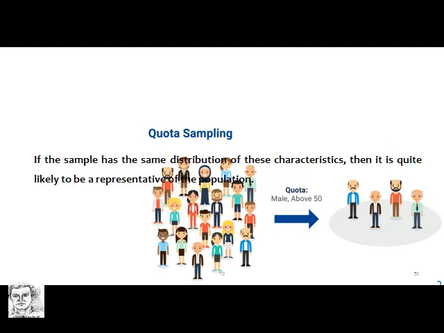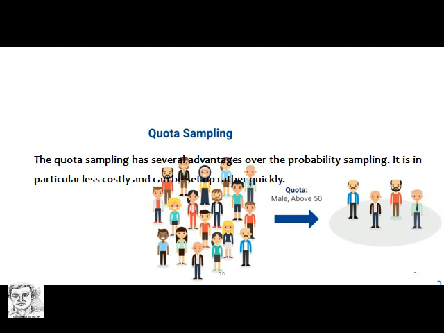If the sample has the same distribution of these characteristics, then it is quite likely to be representative of the population. Quota sampling has several advantages over probability sampling. It is, in particular, less costly and can be set up rather quickly.